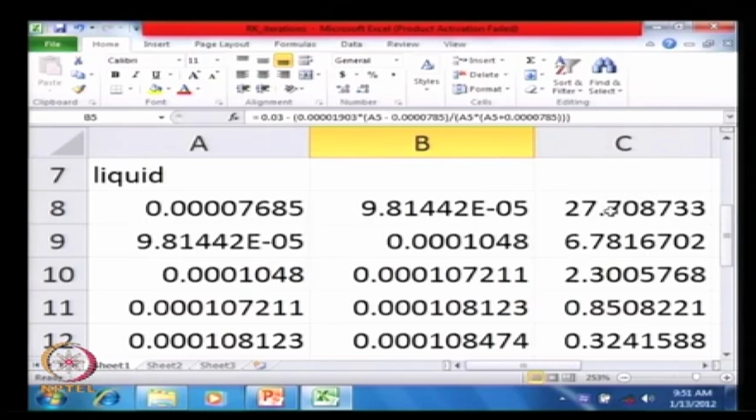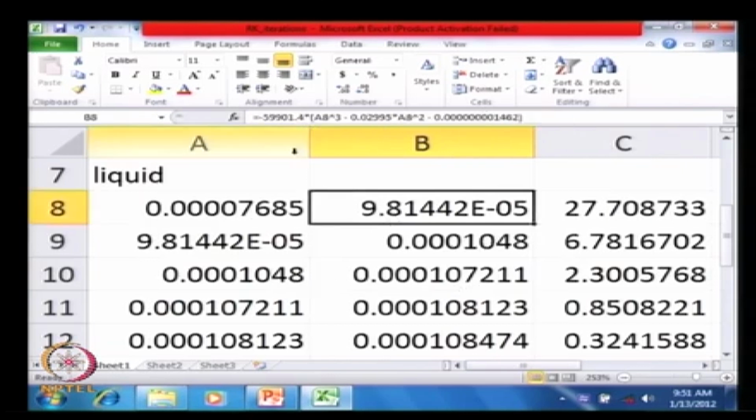This is clearly unacceptable. Therefore, we put the calculated value into the next iteration.